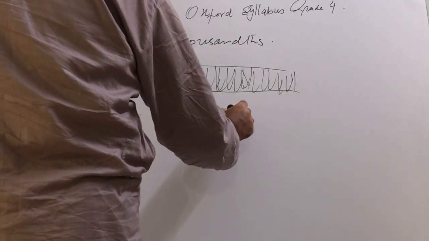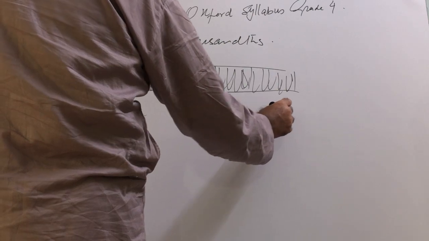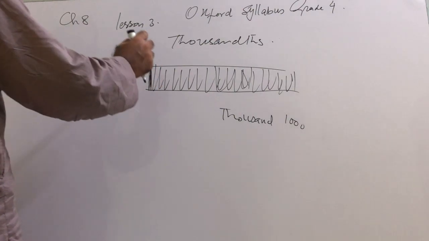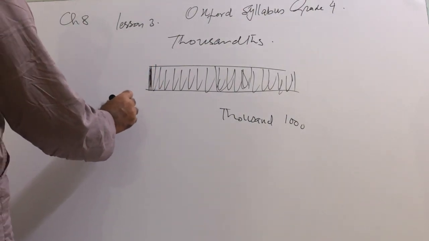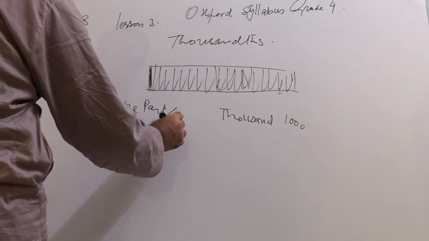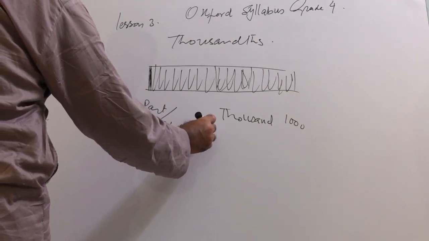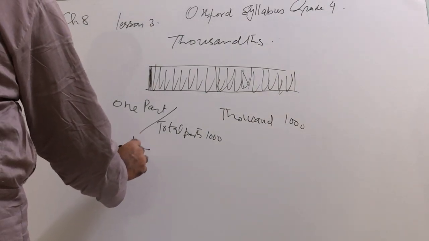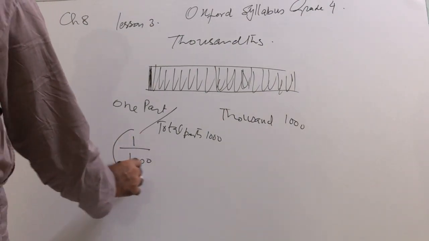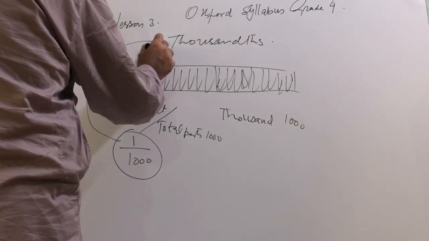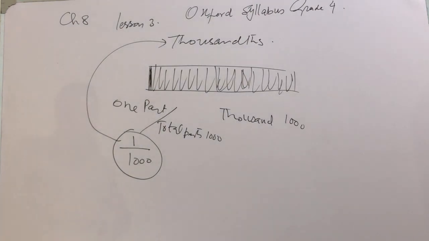So you are getting one part, total parts are 1000, so one part over total 1000, you are getting 1 over 1000. This is called thousandths. This is the concept of thousandths.